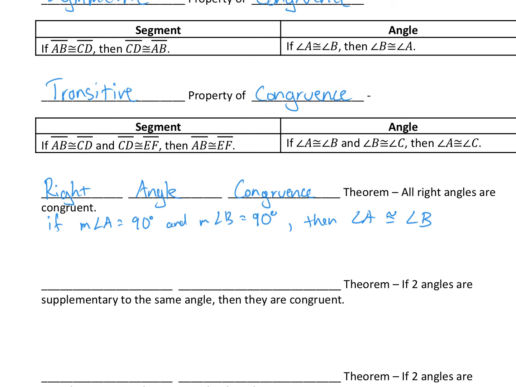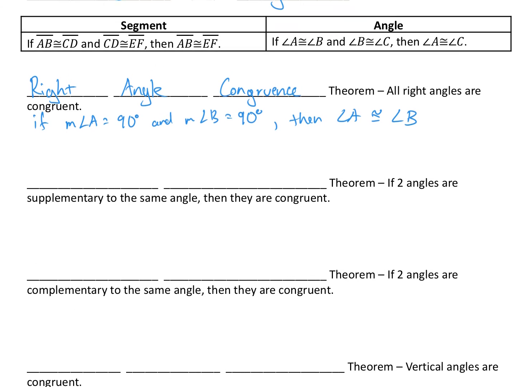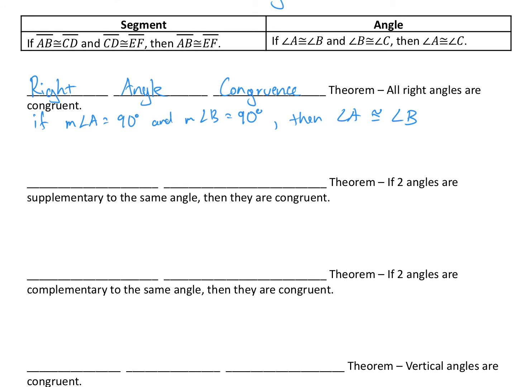After that, we have our congruent supplements theorem, which just basically says if two angles are supplementary to the exact same angle, then they are congruent themselves.